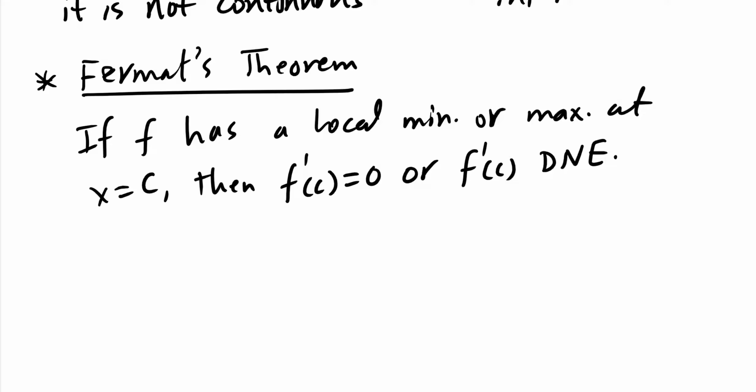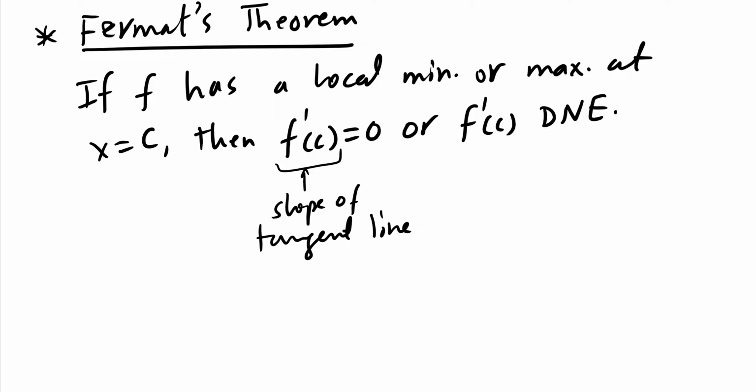If f has a local min or max at a point c, then the slope of the tangent line is 0 or the slope does not exist. What does 0 mean? 0 means something like this. It's a horizontal tangent.